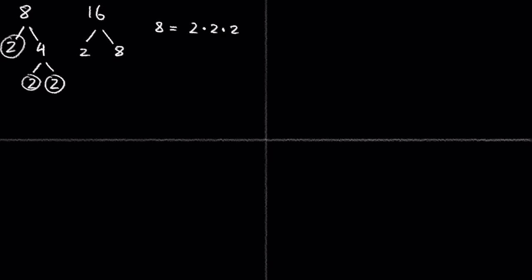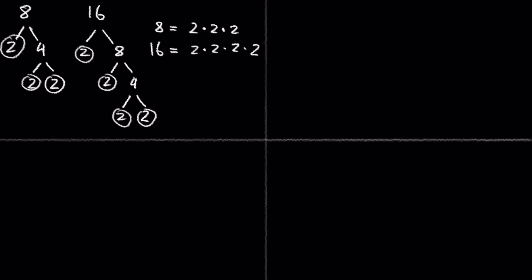The 8 is 2 times 4, and the 4 is 2 times 2. So we can write the 16 as 2 times 2 times 2 times 2. Now we have the prime factorization of both numbers, 8 and 16.